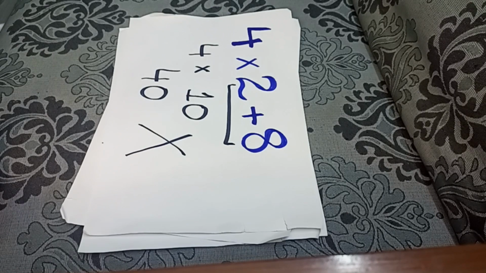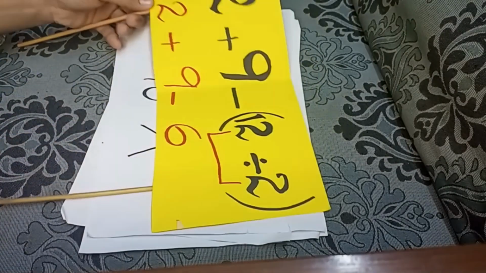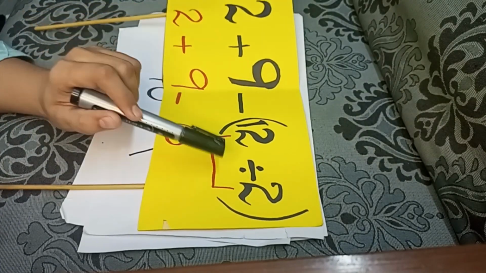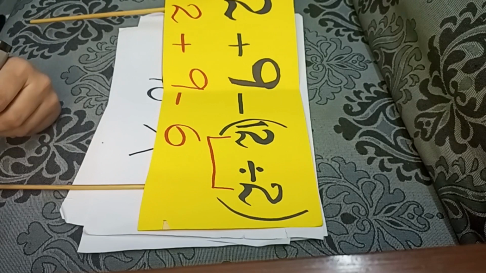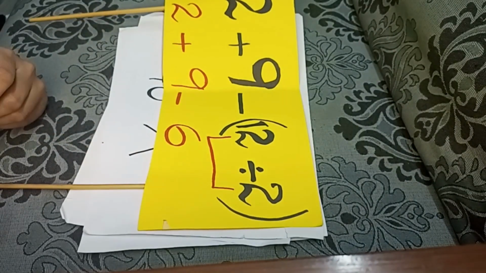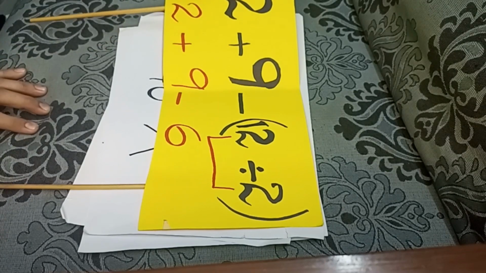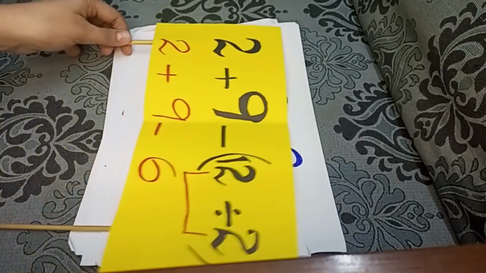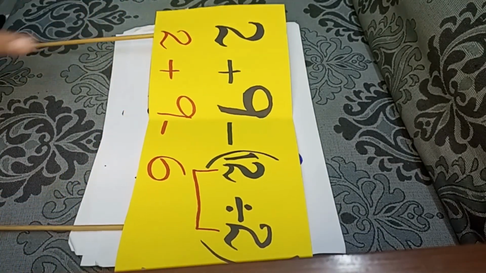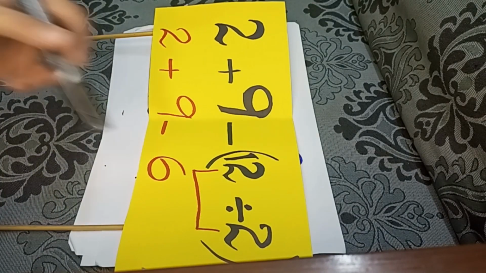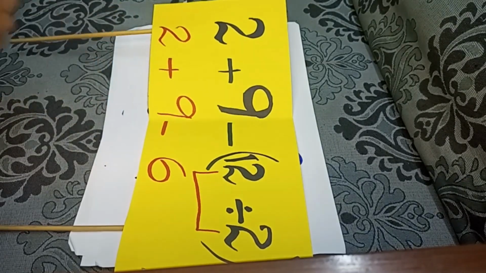Alright, let's do one more example. Here we have 2 plus 9 minus bracket 12 divided by 2. Here you need to solve the bracket first. That is 12 divided by 2 is 6. Here we have solved the bracket already.